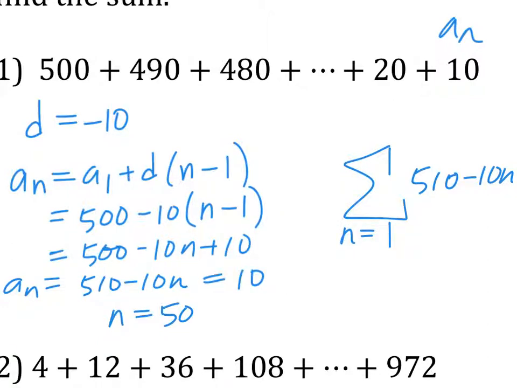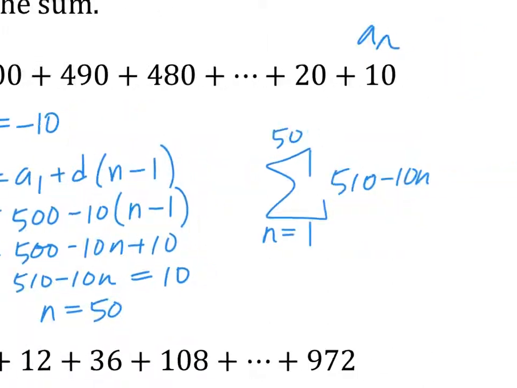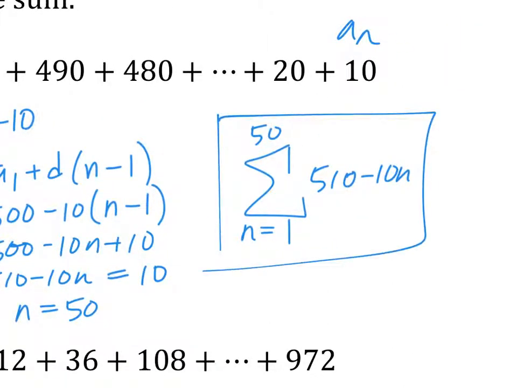Whatever you put in here, if I put it into the formula, I better get 500 as my first number. If I don't get 500 as my first number, then your formula is wrong. It doesn't work. Stop on 50. So this is my summation notation for this series. This tells me add up all the terms from term 1 to 50 that fit into this formula.